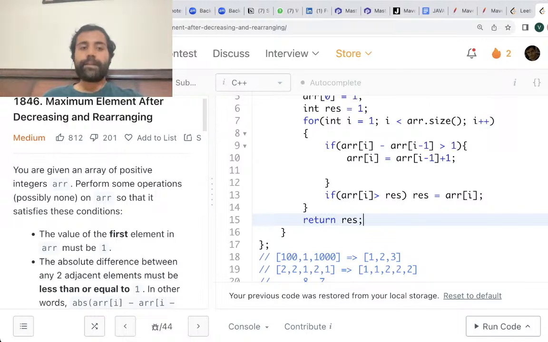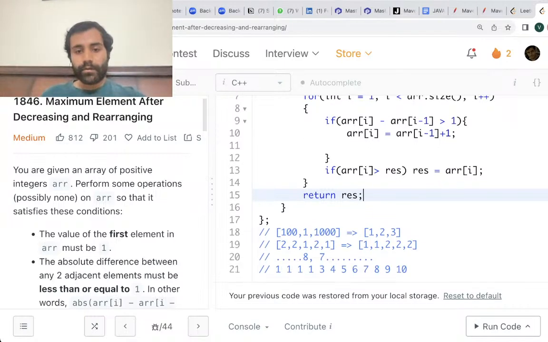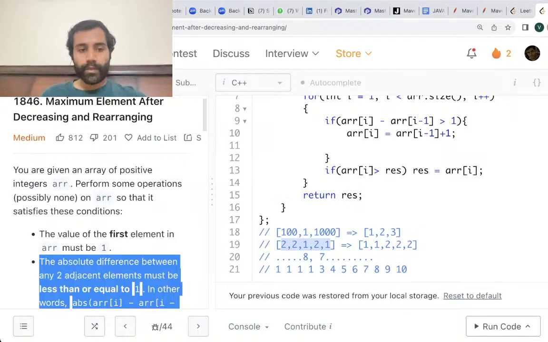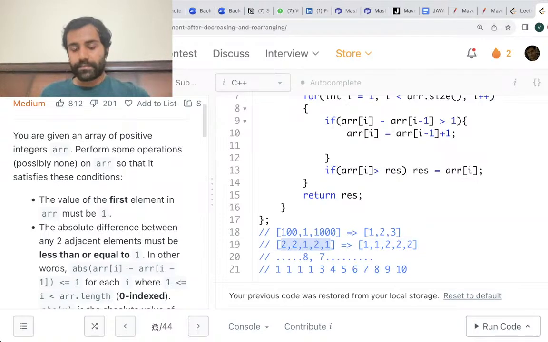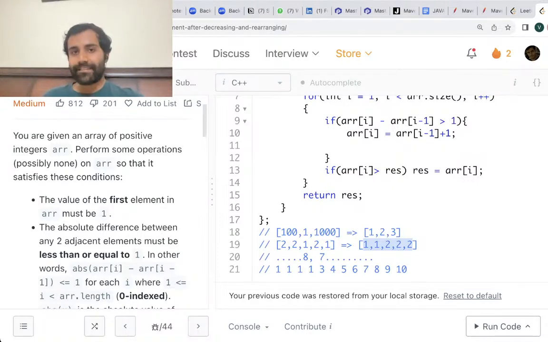Let me ask you a very simple question. Let's say you already have an array which honors this second rule, which says that the absolute difference should be smaller than or equal to 1. Now, if I arrange it in ascending order, will that ascending order also honor that rule? Can I say that? Yes or no?